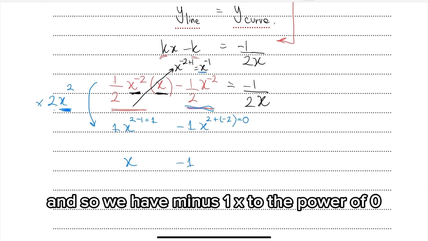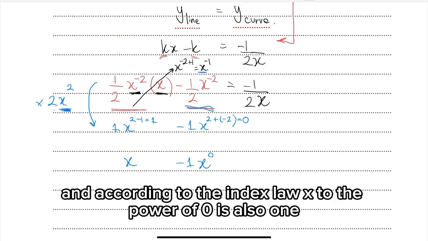And so we have minus 1 times x to the power of 0.